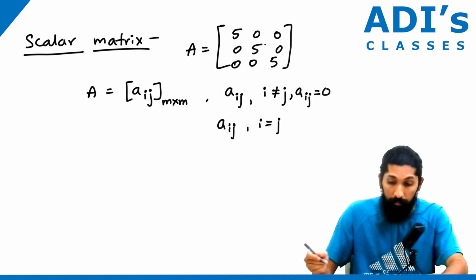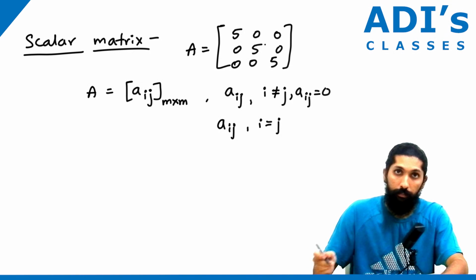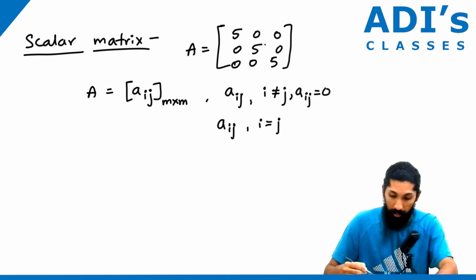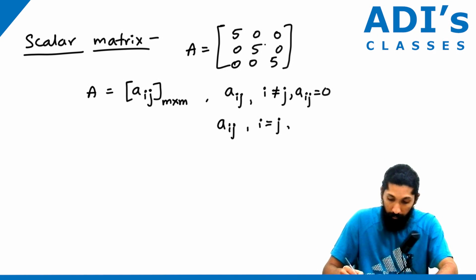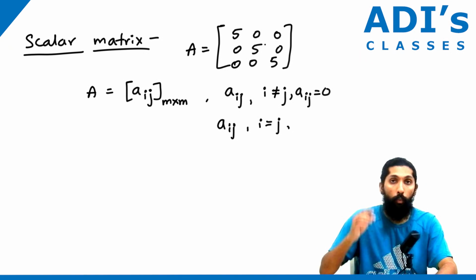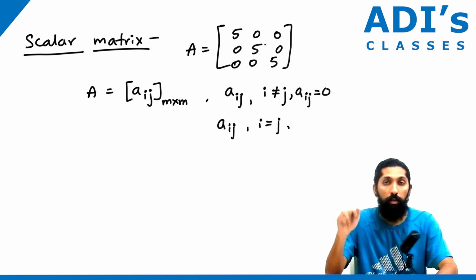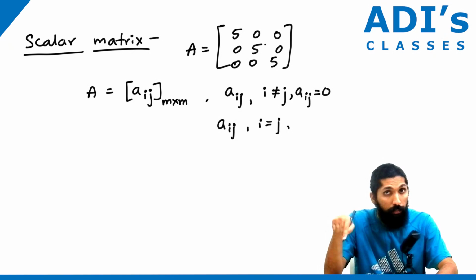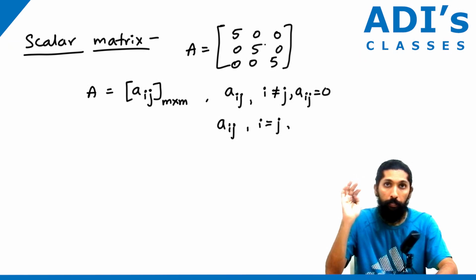So all the elements are equal, correct? Did you all understand? Aij, i is equal to j, the values are equal here. Whatever the number might be, the number on the principal diagonal should be the same. This is what we call a scalar matrix.